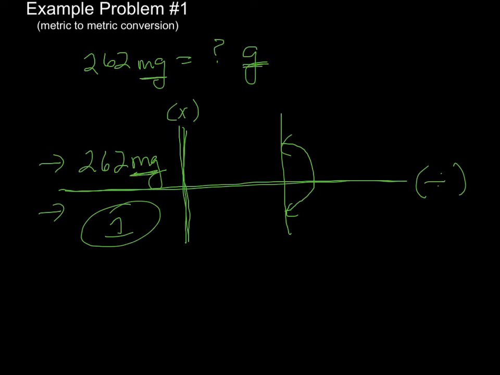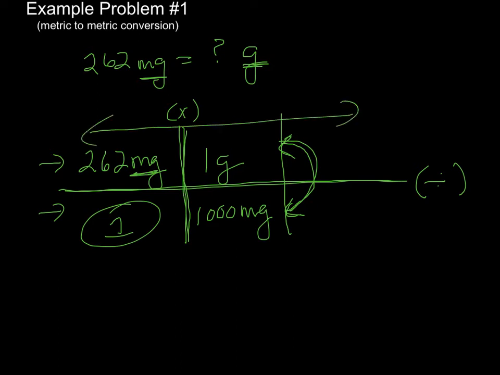And so we do know from the metric system that 1,000 milligrams is equal to 1 gram. Notice that 1 gram equals 1,000 milligrams. Notice also we multiply across the top and we divide the top by the bottom.